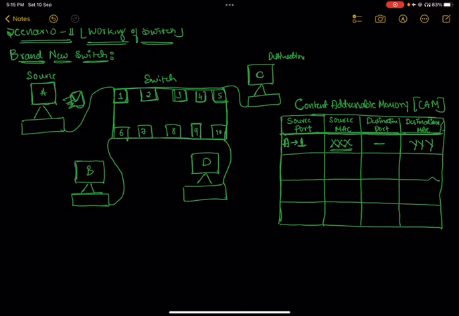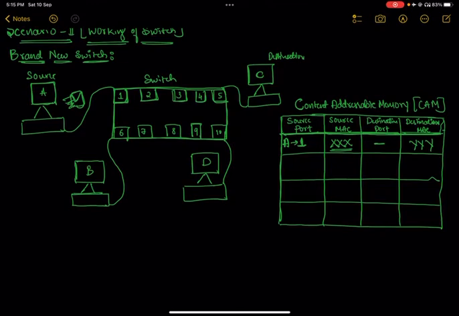Now what does the switch do? As it doesn't know to which port our destination machine is connected, it cannot send the packet directly to our destination. So what it does is broadcast. Understand one thing, guys, the switch doesn't broadcast all the packets. All it does is broadcast a very initial frame, for which it doesn't have the information related to the machines connected to its ports.